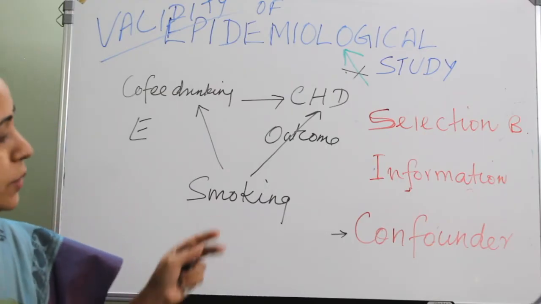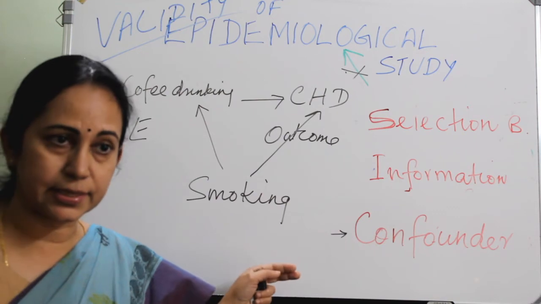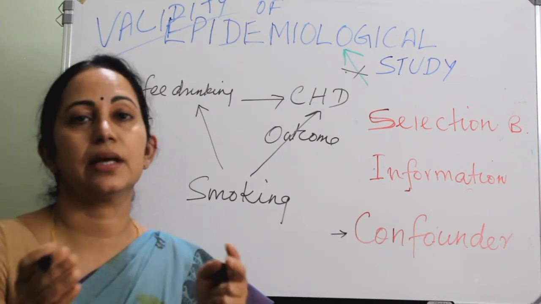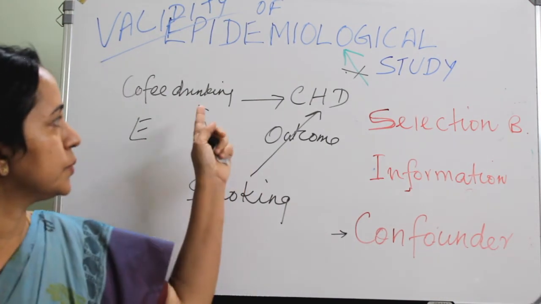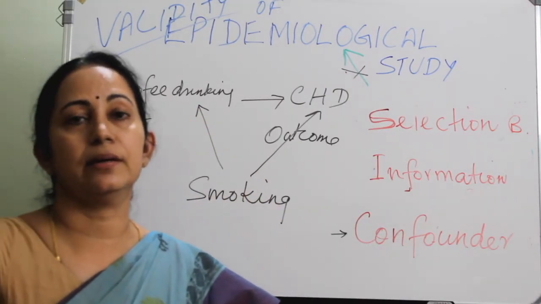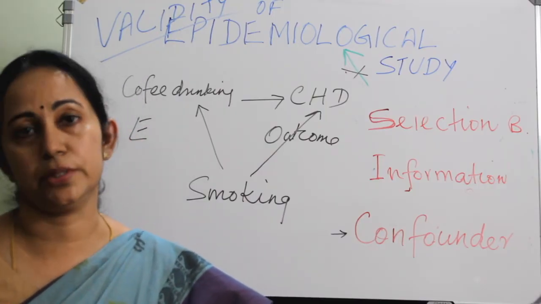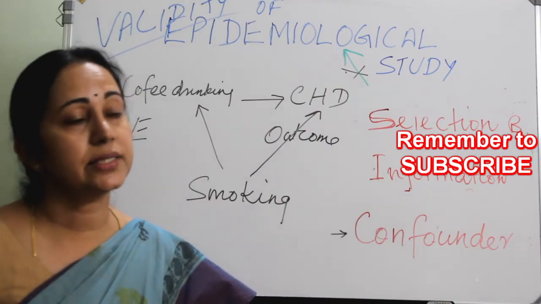So what will happen? It is an extraneous agent which will simulate as if there is an association between the exposure and outcome, or it will increase the association, or it will reduce or hide the association also. It will change the direction of an effect.